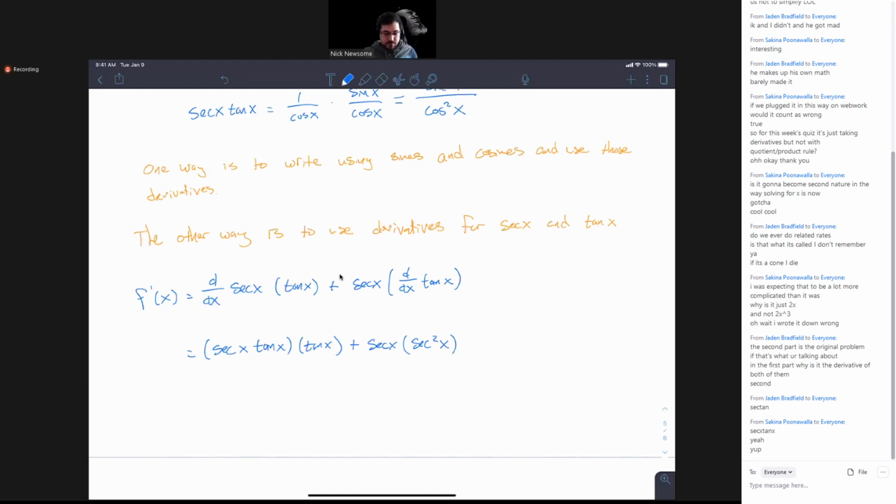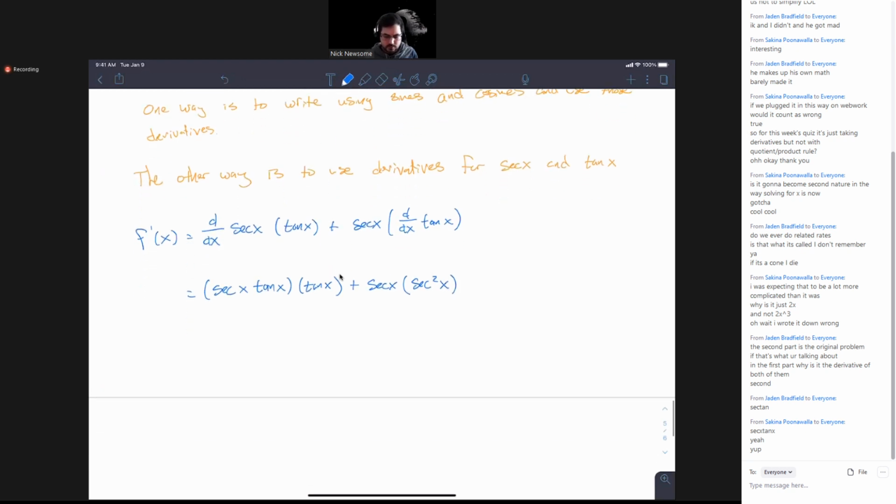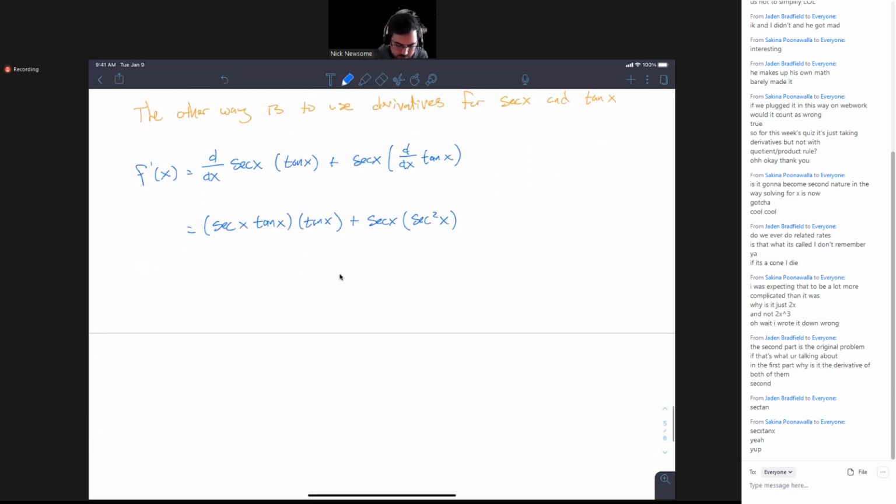And I want to evaluate this at pi over 4. So that's where we have to remember our trig now. Because we have to evaluate, probably not a bad idea to try to simplify this a little bit. So I'm going to get secant x times tangent squared plus secant cubed.